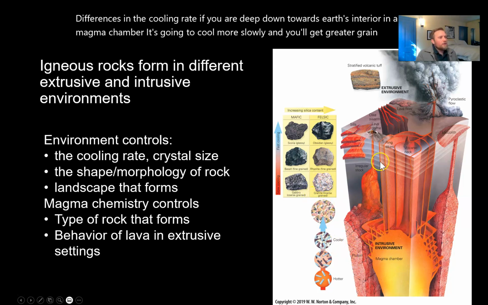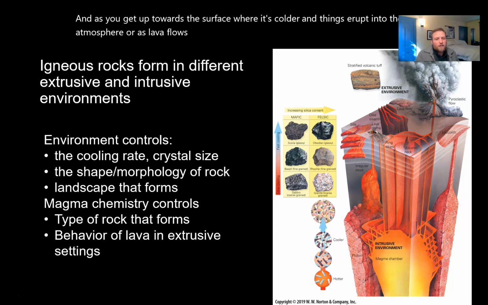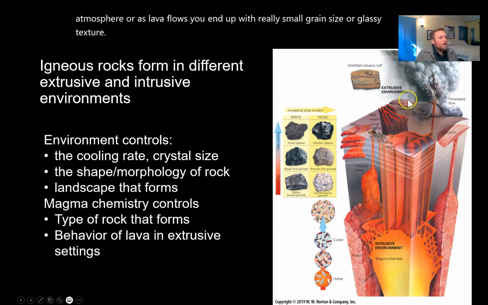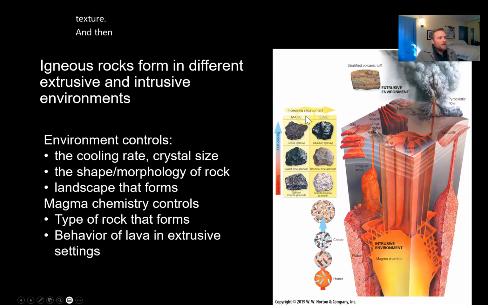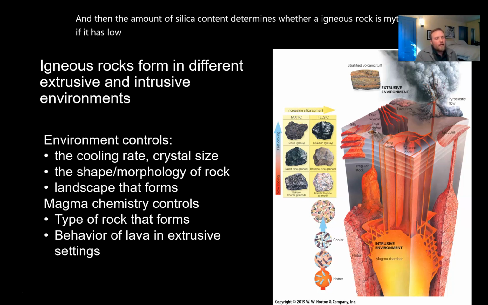And as you get up towards the surface where it's colder and things erupt into the atmosphere or as lava flows, you end up with really small grain sizes or glassy texture. Okay, and then the amount of silica content determines whether an igneous rock is mafic, if it has low silica and relatively high amounts of magnesium and iron, or if it's a felsic rock, which has very high amounts of silica and feldspar in it.